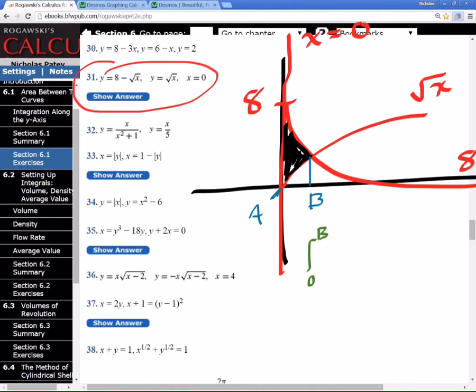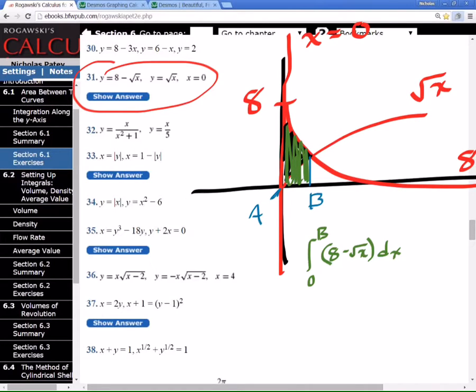It'd be from A to B of that top curve. Which one's the top curve? Is it the first one, second one, or the third one? First one. So we have 8 minus square root of x dx, and you should put parentheses around your function in there. Okay, that would give me the area of all this stuff right here. But I don't want all that area.